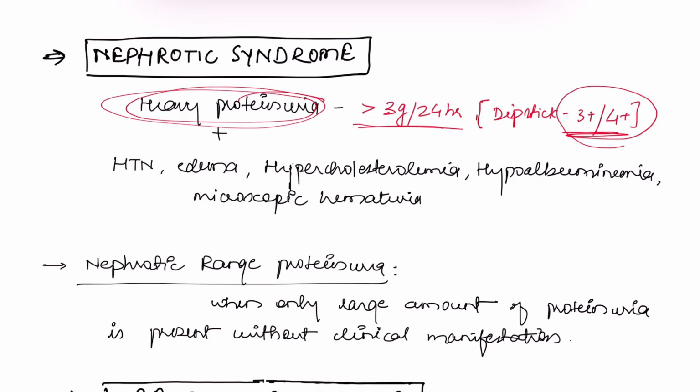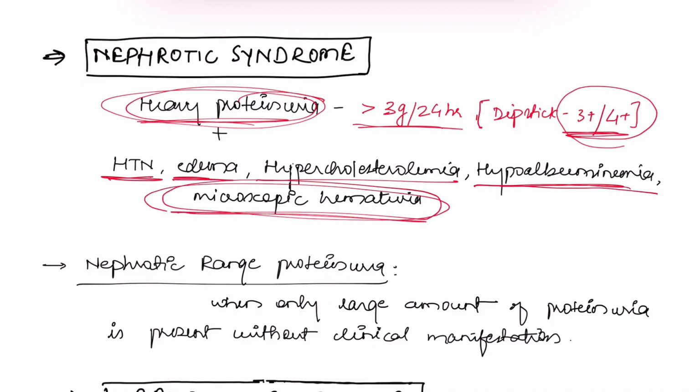Along with that, you will see hypertension, edema, hypercholesterolemia, and hypoalbuminemia, because albumin is lost into the urine, so there will be decreased albumin. And there will be microscopic hematuria, along with heavy proteinuria.